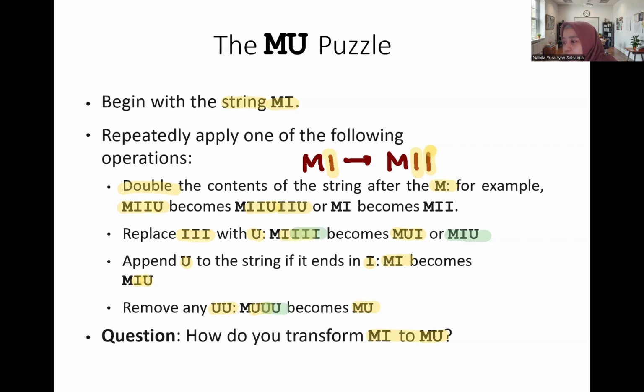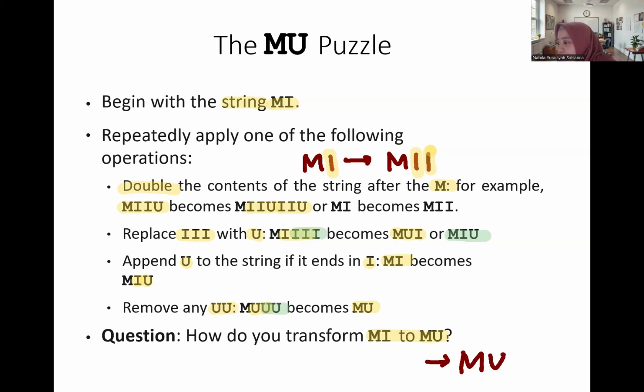Let's try to guess what's the previous step. Okay, if the last step is MU, so from these operations, what operation transforms I to U?